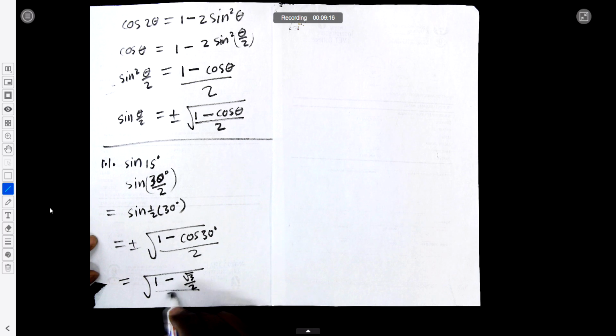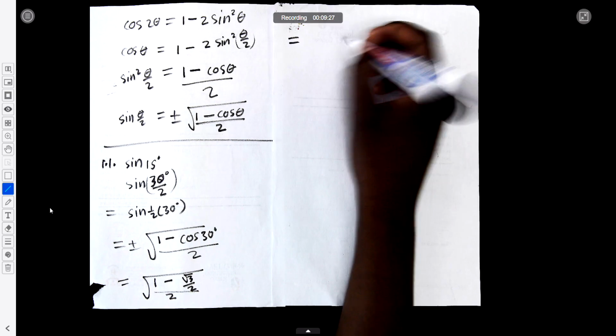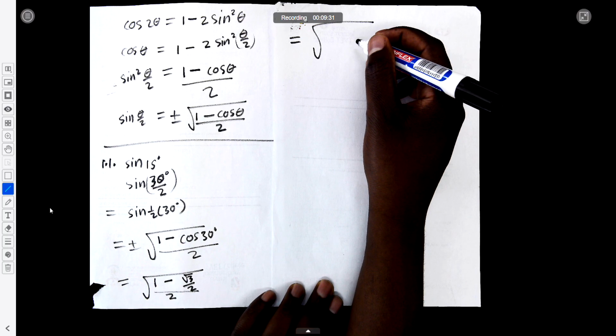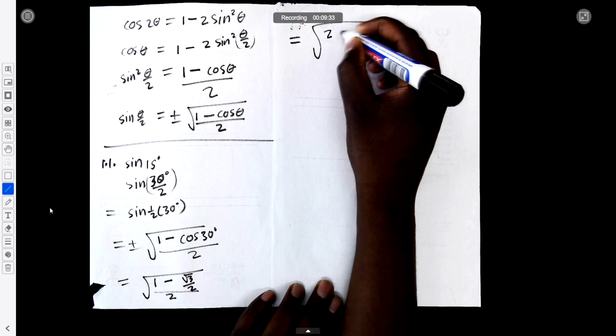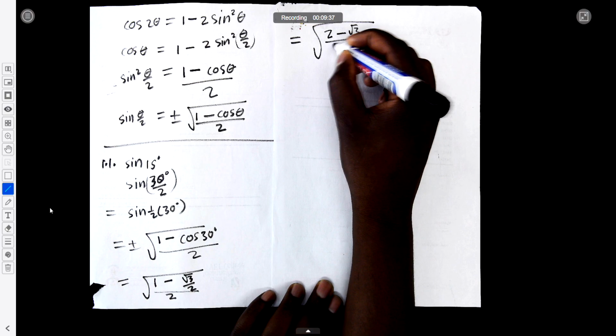Then everything is still divided by 2. We have simplified without the use of a calculator. Expressing it fully, you can add fractions inside the root. So adding fractions, I'll get 2 minus root 3, all divided by 2.